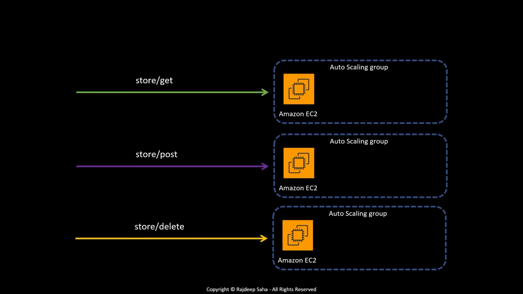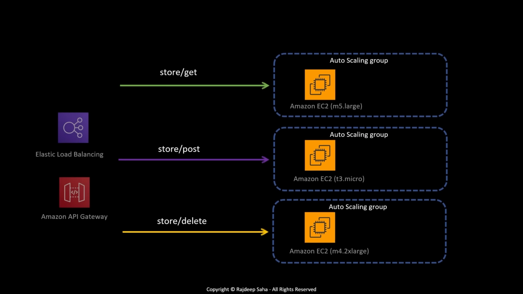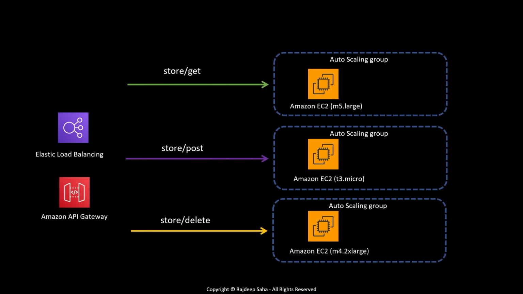You can select appropriate Amazon EC2 family based on the nature of the microservice. So if some microservice is memory intensive, you can select a higher memory EC2 and you can scale based on memory instead of CPU. You can use Elastic Load Balancer or Amazon API Gateway to host those microservices.